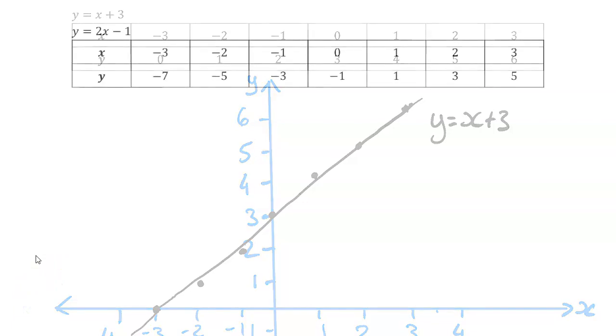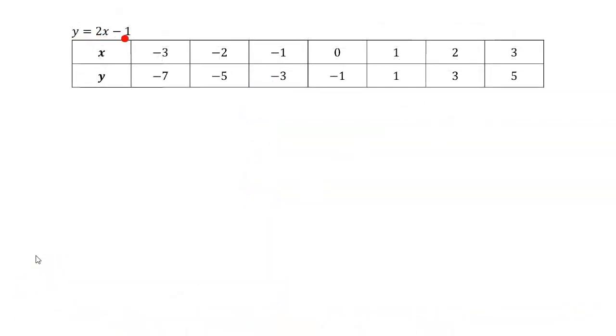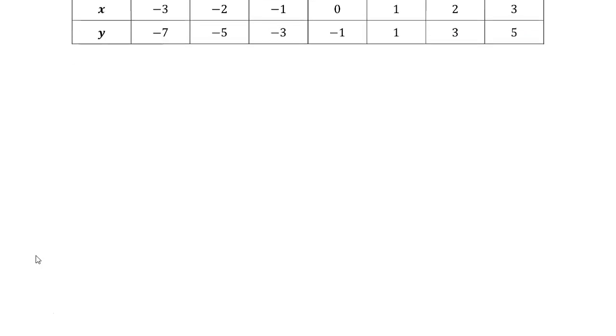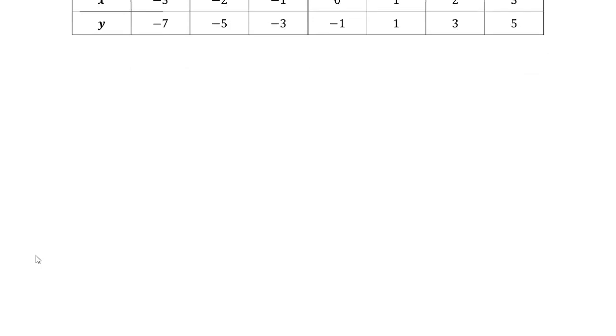So here I've got y equals 2x minus 1 as the equation, and I've got the table of values there. On my graph, I have to be able to show all of these points. Okay, so let's sketch this up. So we start by drawing up the axes. That's a bit wonky.